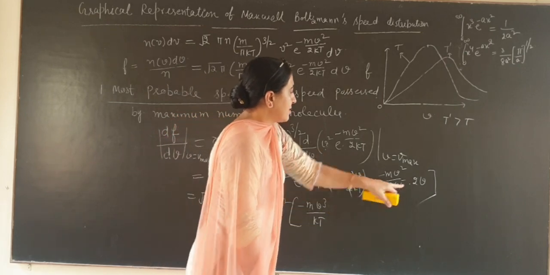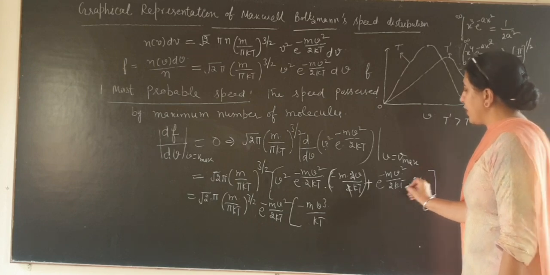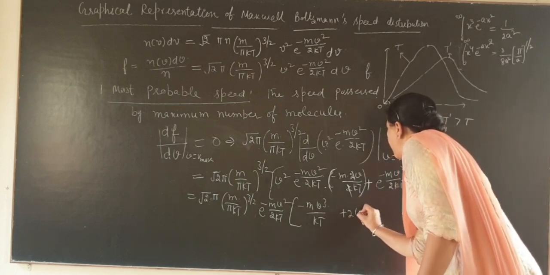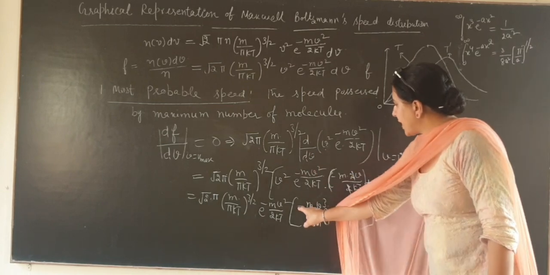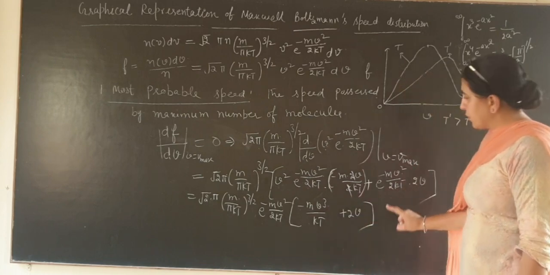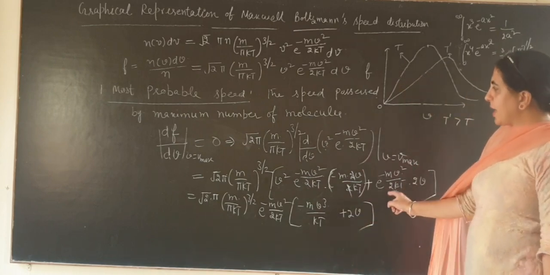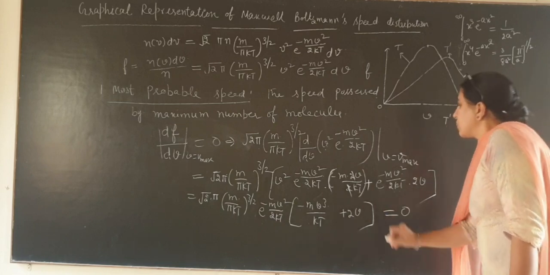Now from the other term, e raised to minus m v square upon 2 kT is common, into 2v. So plus 2v. I take the common factor, so minus m v upon kT times v square, so minus m v cube upon kT, plus 2v. We have to put this equal to 0.